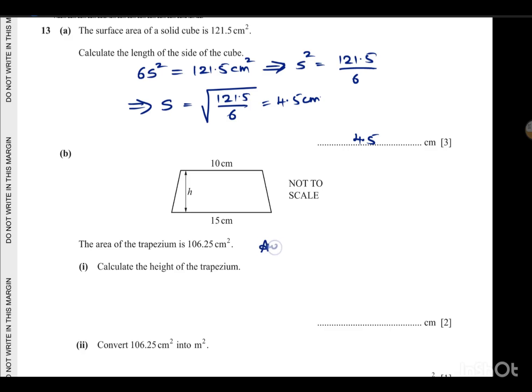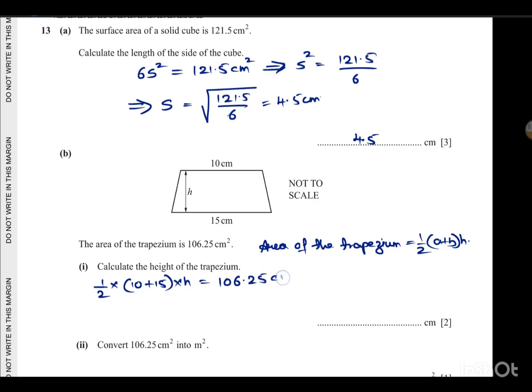So area of the trapezium is equal to half into sum of the parallel sides into height. Half into sum of the parallel sides, 10 plus 15, into height is equal to 106.25 centimeter square.